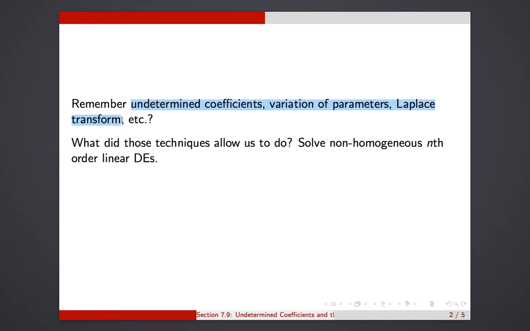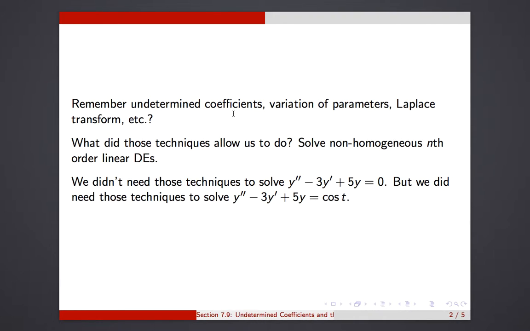Laplace transform, in particular, was deployed with non-continuous functions, right? Non-homogeneous equations with discontinuous functions. And undetermined coefficients was deployed when you had non-homogeneous stuff with sines and cosines or exponentials. But these techniques exist to help us solve non-homogeneous differential equations.